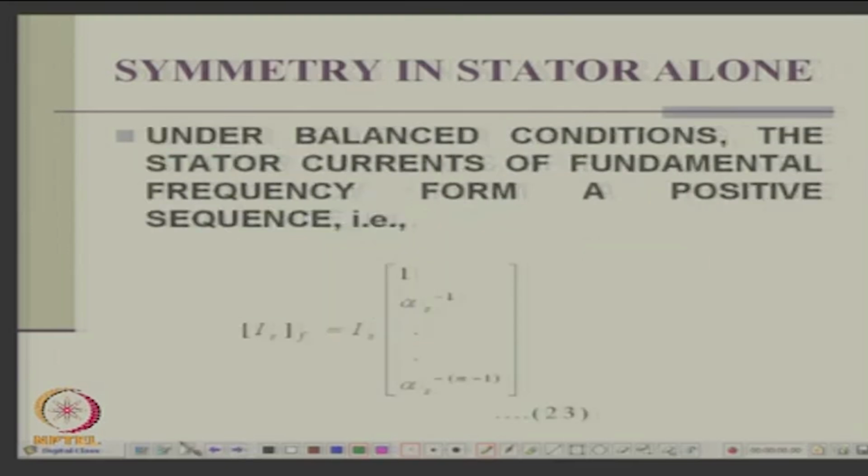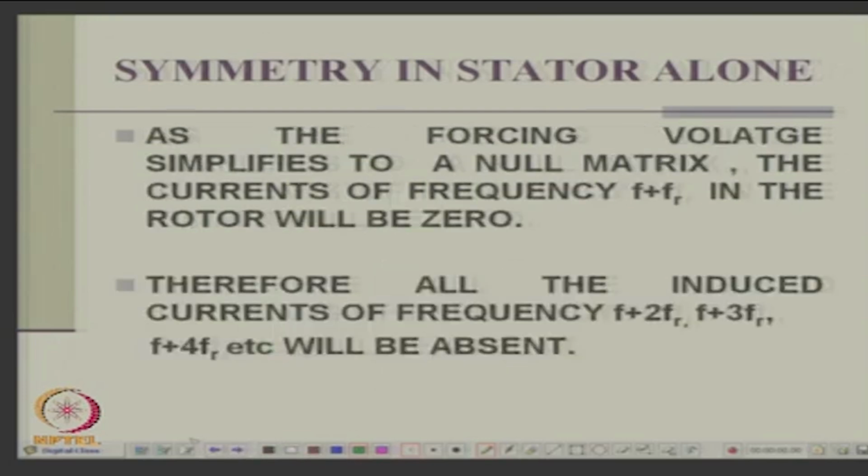And the currents are balanced because stator is symmetrical, stator currents are balanced currents of m phase. Now, the forcing voltage becomes a null matrix. So, there is no current of frequency f plus fr.